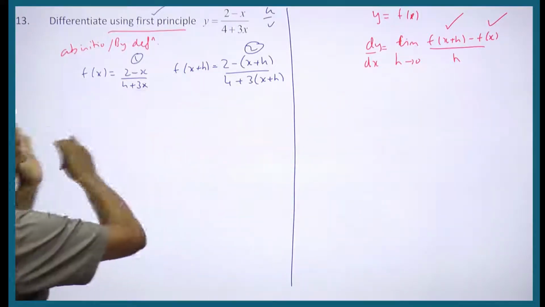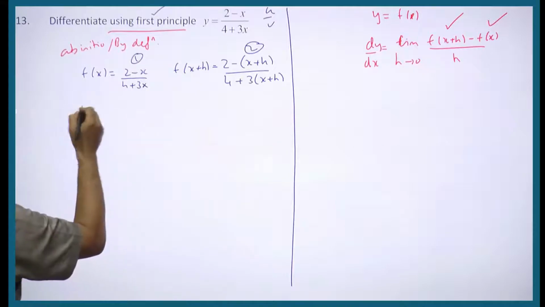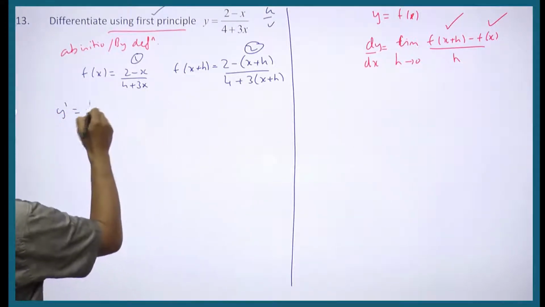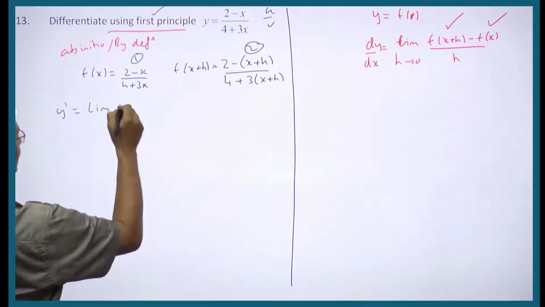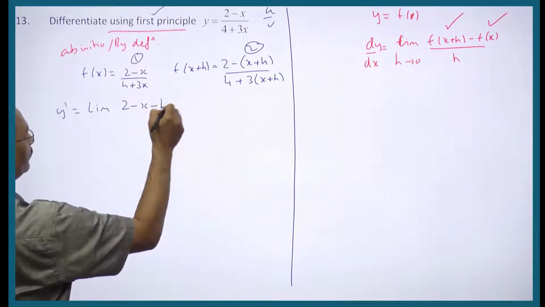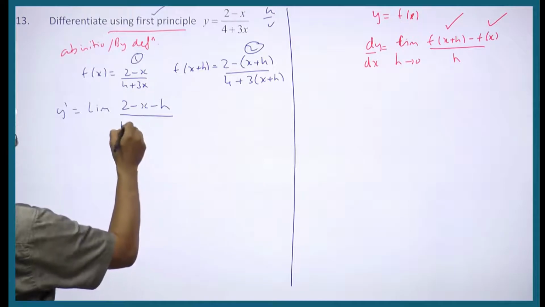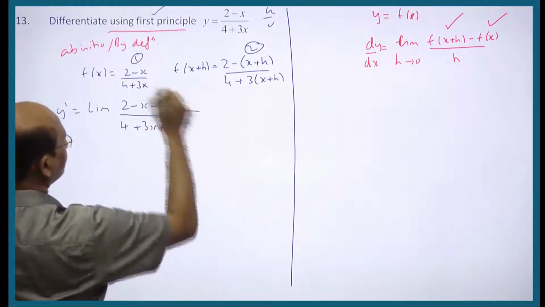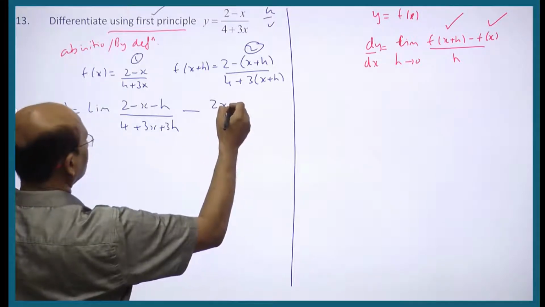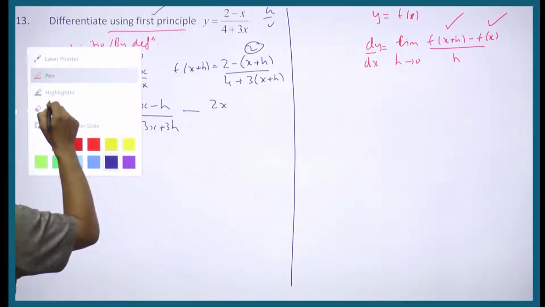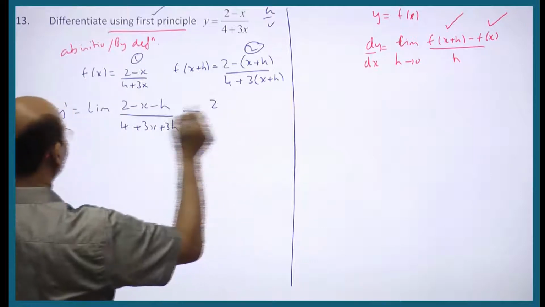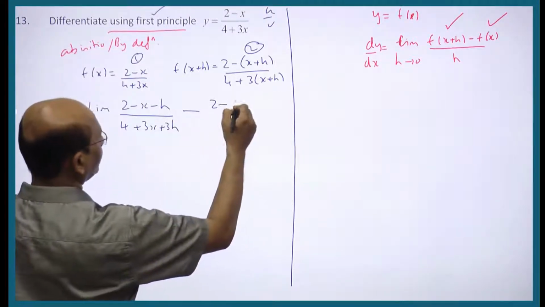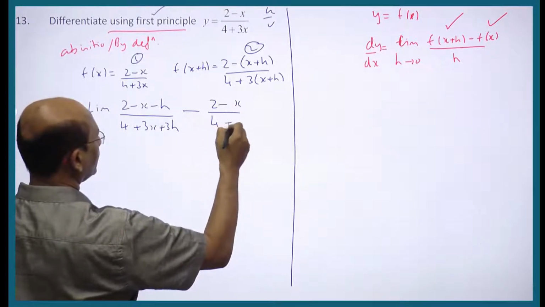I am not writing that by first principle and all that stuff. So, you can just write y dash or dy by dx is the limit of f of x plus h, so I am just opening this out, which is 2 minus x minus h divided by 4 plus 3x plus 3h, minus f of x, sorry, it is 2 minus x upon 4 plus 3x.